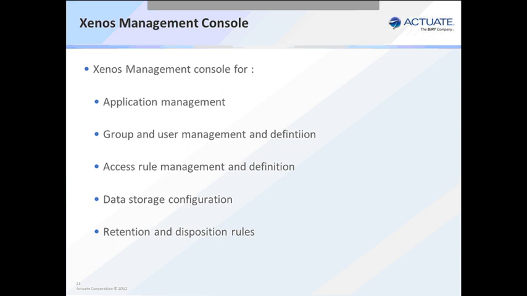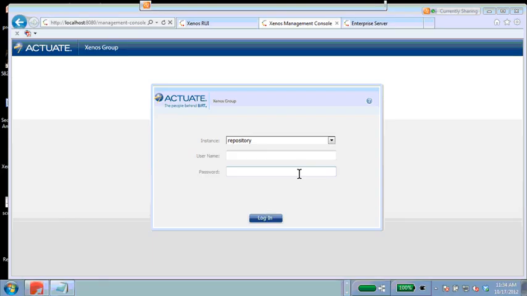Additionally, that's where you go to set up your logical and physical data stores and define your records retention and disposition rules. So I'll hand that back to Will to show you a little bit about the management console and the storage layer. Will?